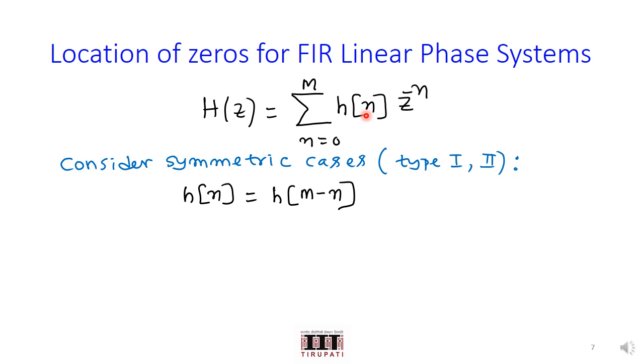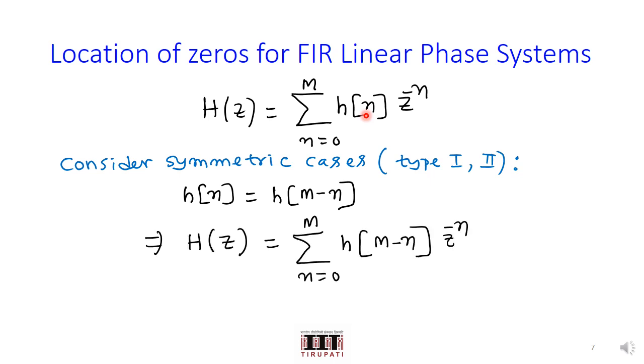For example, whichever value is there at 0, you have the same value at m: h of 0 equal to h of m, h of 1 equal to h of m minus 1, and so on and so forth. Because of that, this h of n can be replaced with h of m minus n, that would give you this value.